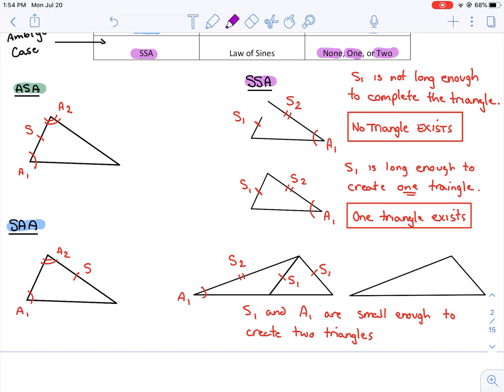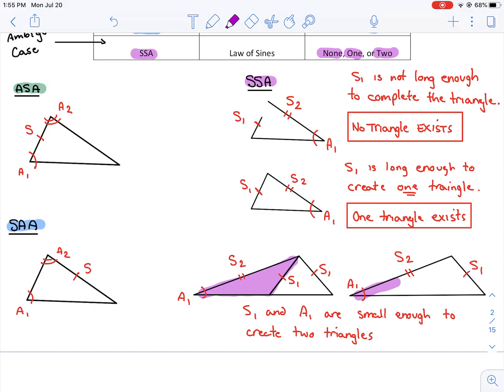So in the triangle on the left, I'm going to highlight the first triangle. This triangle has angle 1, side length 2, and side length 1. Over here to the right, there's angle 1, here's side length 2, just like our triangle on the left, and here is side length 1.